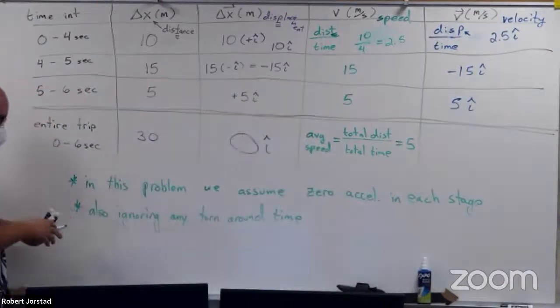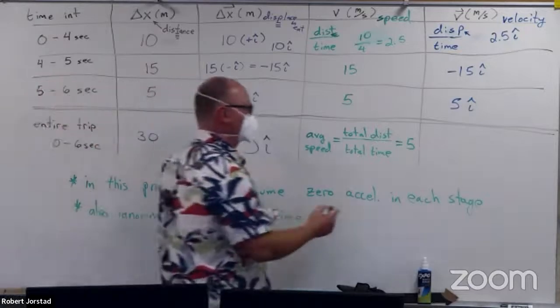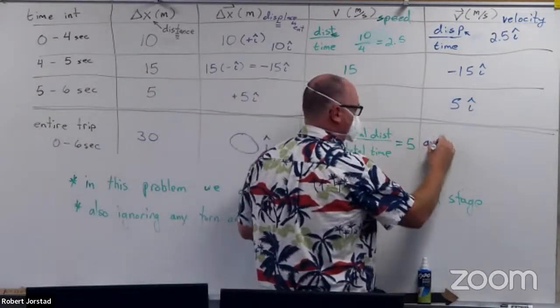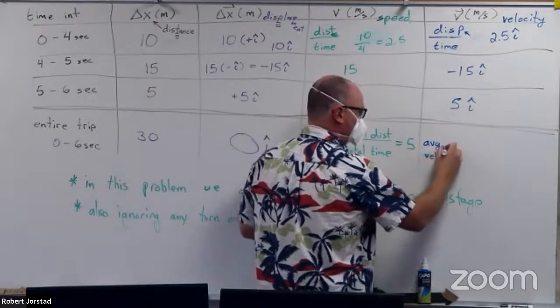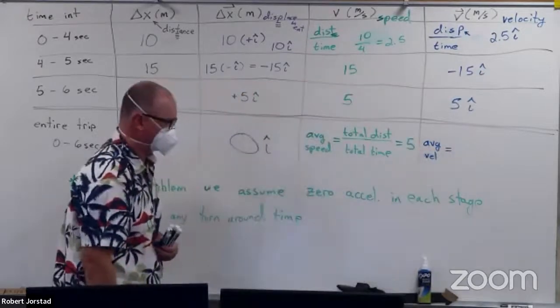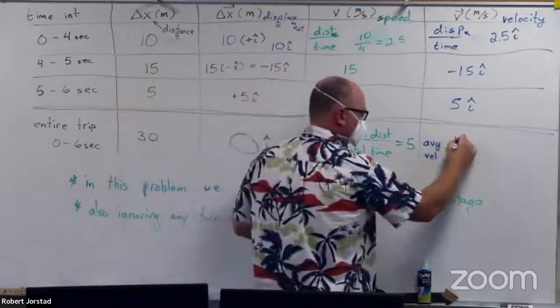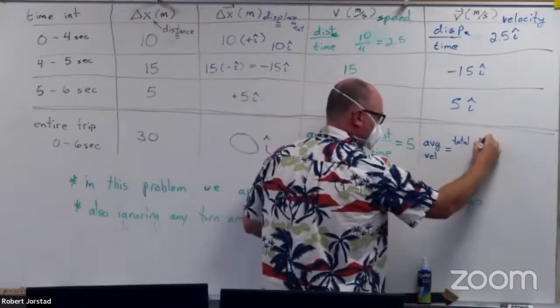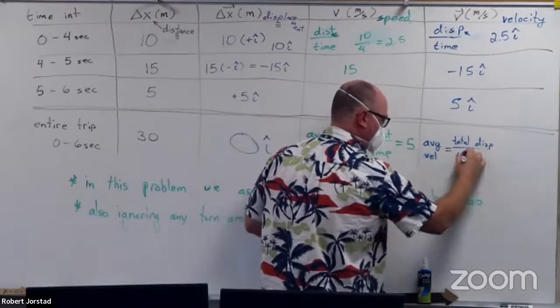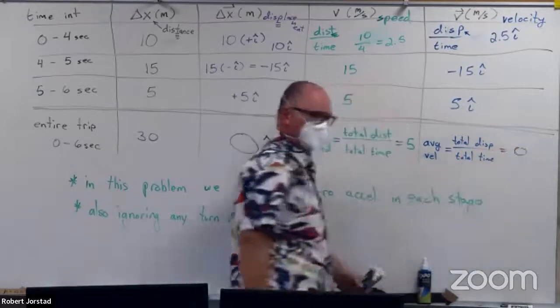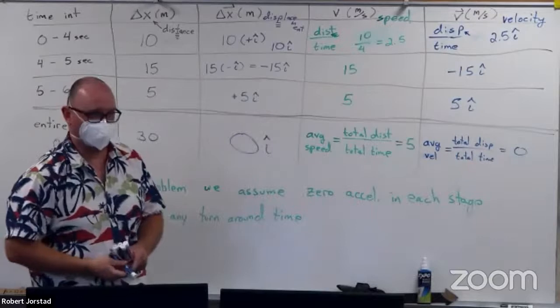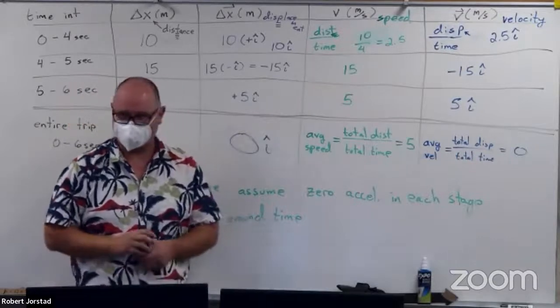So what would be the average displacement? Or sorry, average velocity. I misspoke. What would be the equation for it? Total displacement over total time. So even though you're moving around a lot, your average velocity is 0, but your average speed is not.